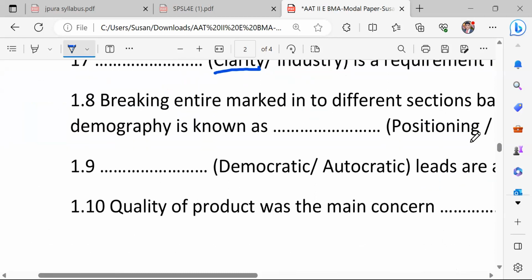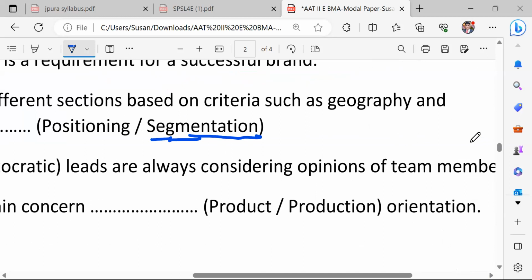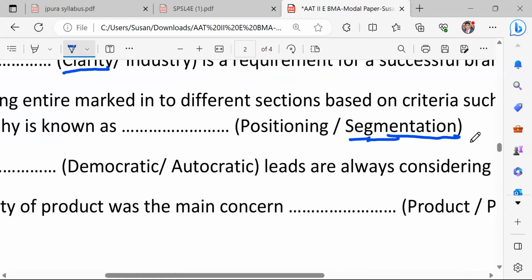Democratic leaders always consider their team members. Mahatma Gandhi is a democratic leader. Hitler is an autocratic leader.